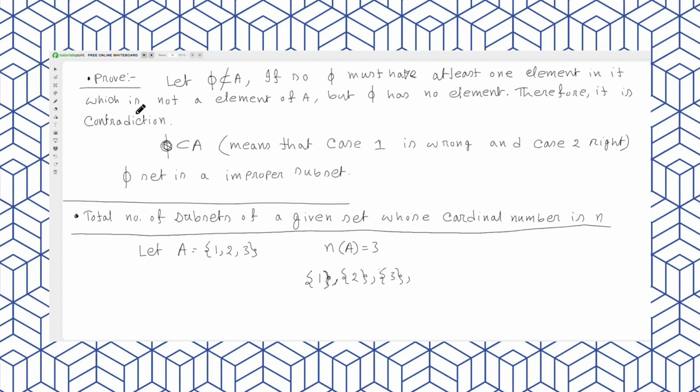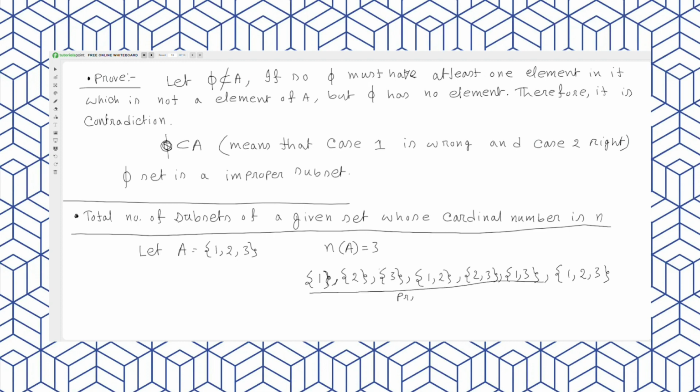Similarly, the subsets of A containing 2 elements out of 3 elements are {1,2}, {2,3} and {1,3}. And the subset of A containing all elements, that is the actual equal set, is {1,2,3} itself.